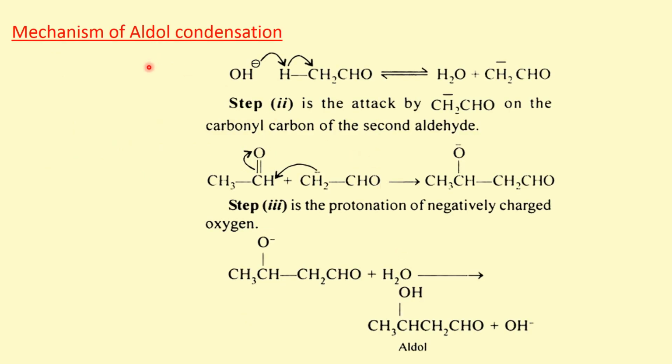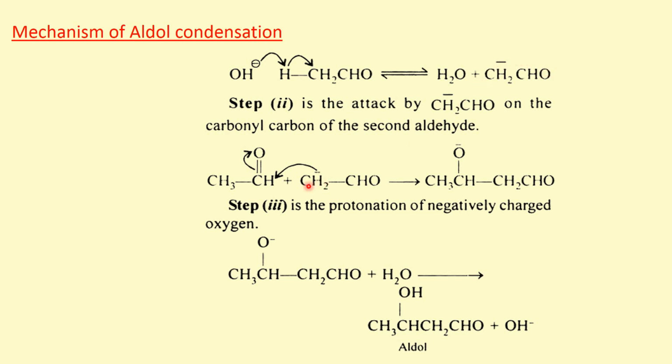Now, let's see the mechanism of aldol condensation. In alkaline medium, this hydroxyl ion takes one of these hydrogen atoms, that is H plus, from this aldehyde molecule. Here we have taken acetaldehyde, and this carbanion is formed.